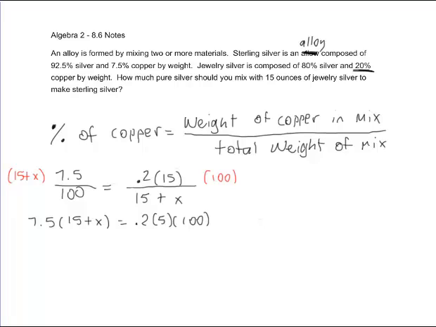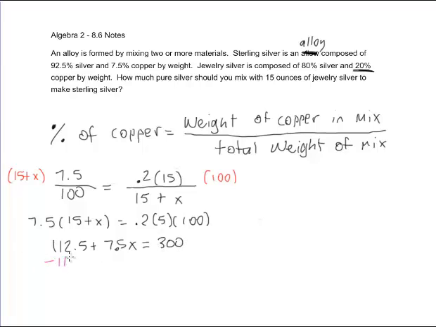And when we do this, do your math now, use your calculator if you need, but you're going to end up with 112.5 plus 7.5x, and that's going to be equal to 300.